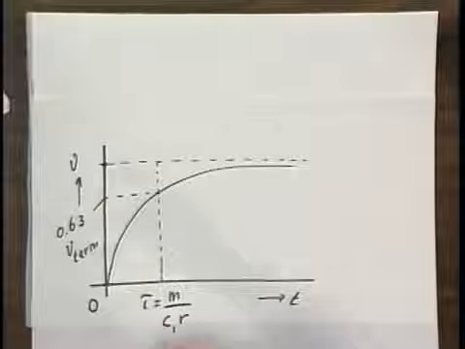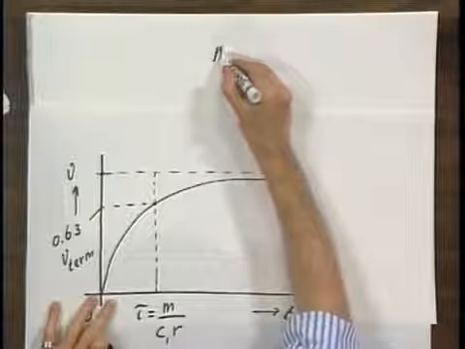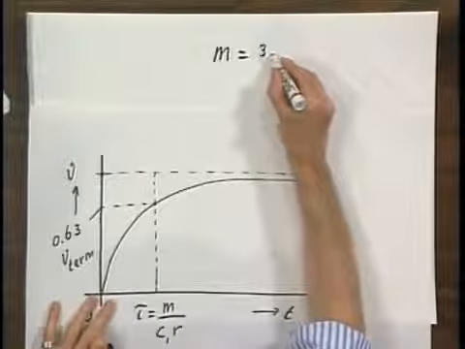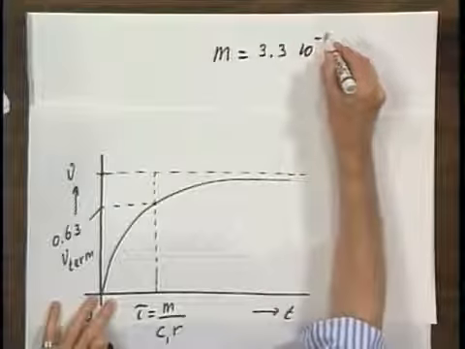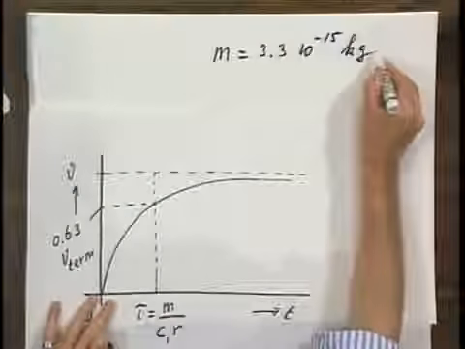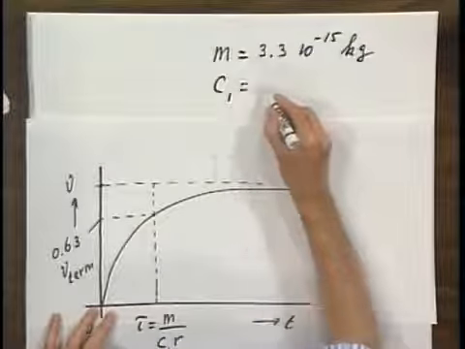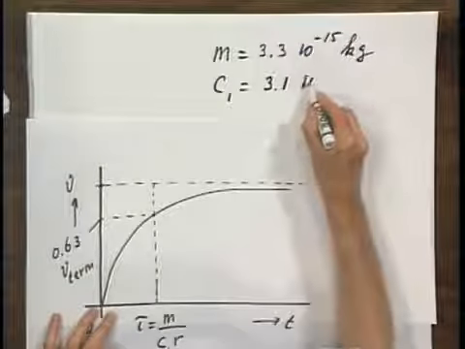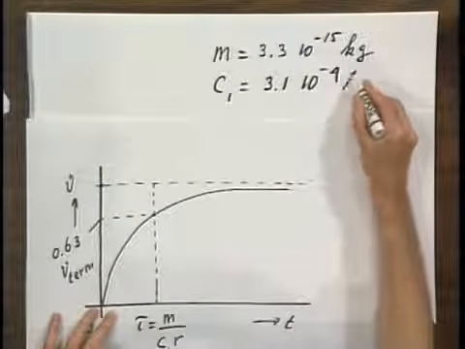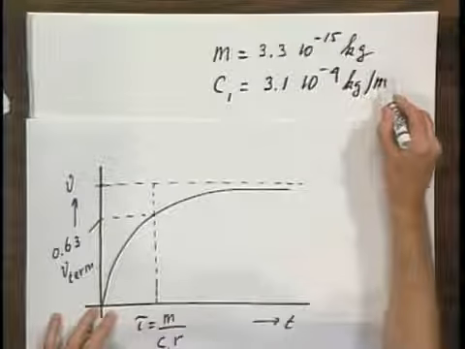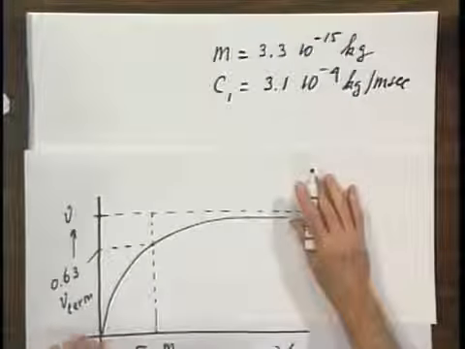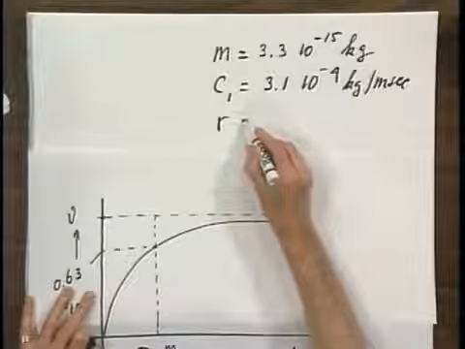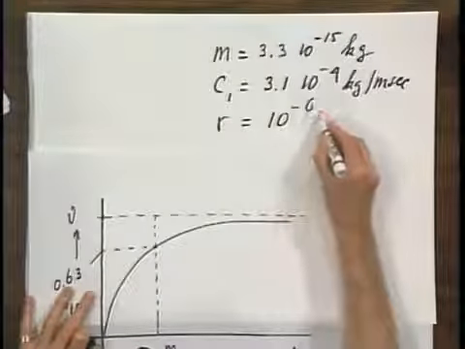So let's now substitute in there the values that we had for the oil drop and see what the value of tau is. I'd like to remind you that the mass of the oil drop was 3.3 times 10 to the minus 15 kilograms. The value for C1 is 3.1 times 10 to the minus 4 kilograms per meter per second. And the radius of the oil drop was 1 micron.